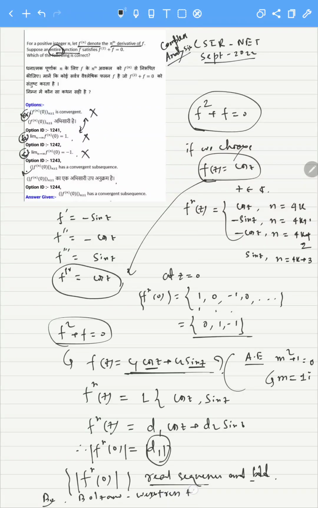By the Bolzano-Weierstrass theorem, f^(n)(0) has a convergent subsequence. This is our required answer. Okay, goodbye.